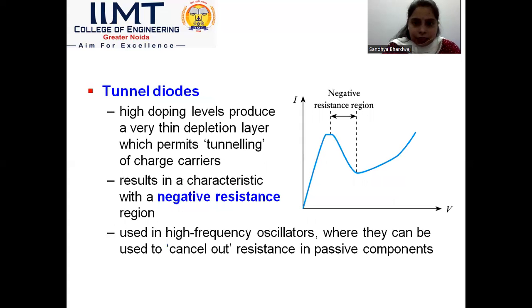Same as the tunnel diode. In a tunnel diode, high doping levels produce a very thin depletion layer which permits tunneling of charge carriers. With a thin depletion layer, the efficiency is increased, resulting in a characteristic with a negative resistance region. Tunnel diodes are used in high frequency oscillators where they can be used to cancel out resistance in passive components.